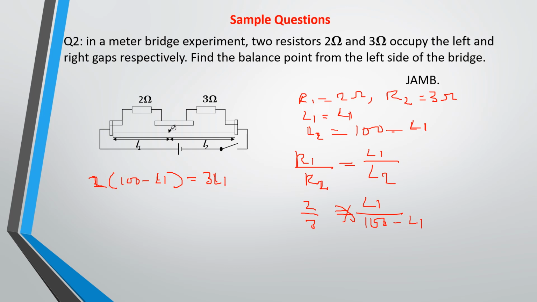Alright, so multiply that out. This will give us 200 minus 2L1 is equal to 3L1. Okay, so now you collect your like terms. So you have 200 is equal to 3L1 plus 2L1.